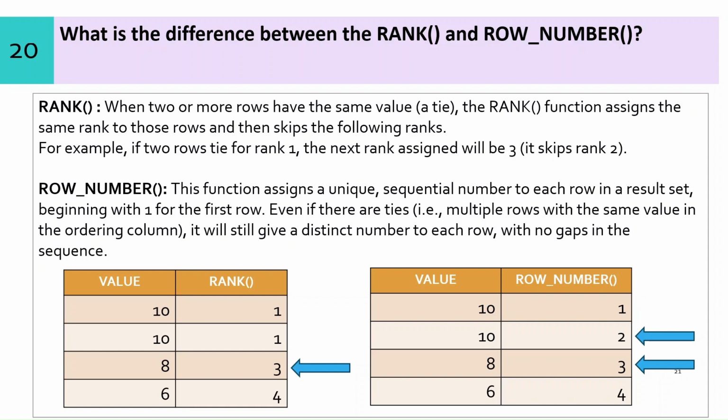It will simply generate a sequential number for each row in the result set. You can see here, even though the first two rows have the same value, 10, row number is still generating sequential numbers. It is not generating the same number the way rank does. So this is the difference.